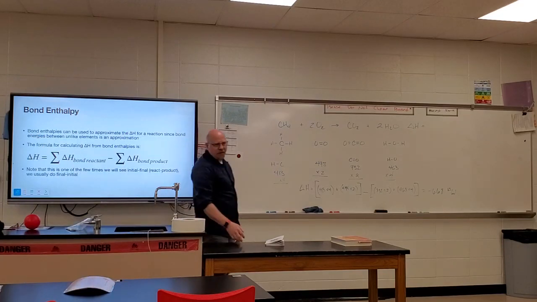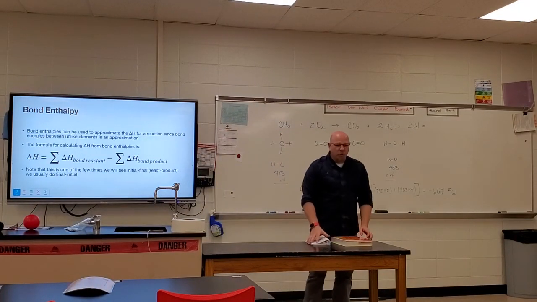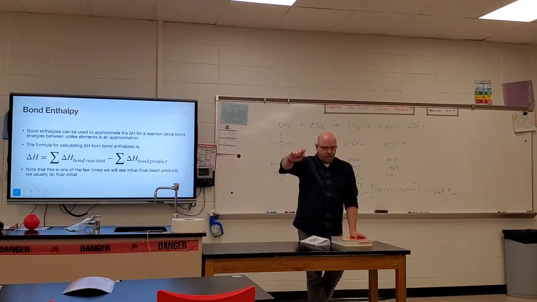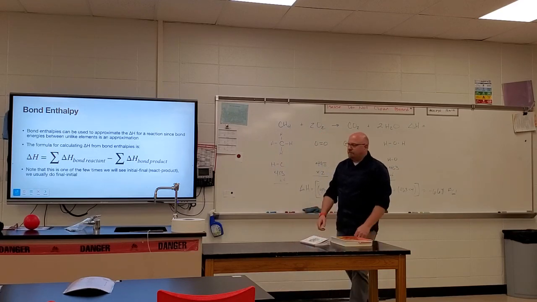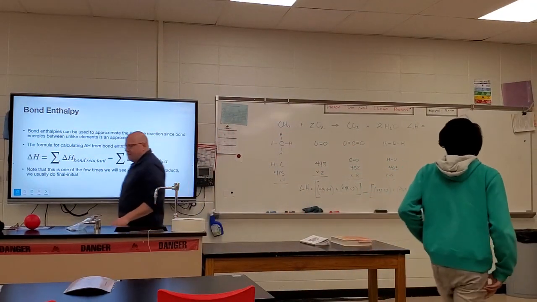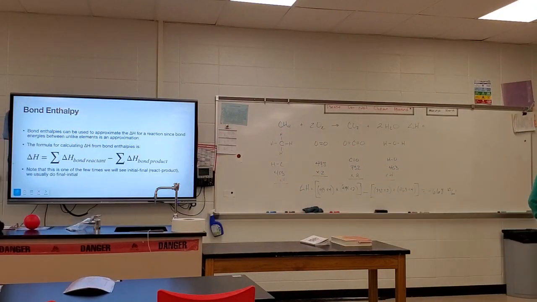So you kind of know what you have to do with what you're presented with. Now, can I mix and match? Can one part of the problem use bond enthalpies and another part use an answer there to find the enthalpy of formation? Sure. But the individual problem is going to be based on what you have.